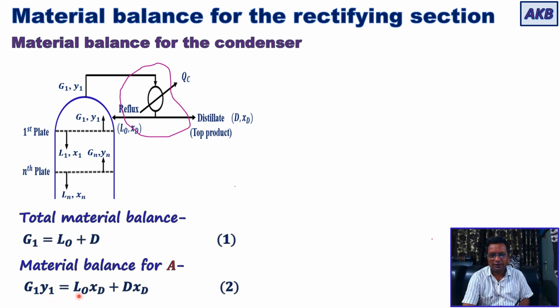So input of A is equal to A coming out along with the reflux and the distillate. So it will be total reflux into fraction of A in it, that is L0 into XD, plus total distillate into fraction of A in it, that is D into XD. Okay, so the steady state material balance for A will be given by this equation: G1 Y1 is equal to L0 into XD plus D into XD.